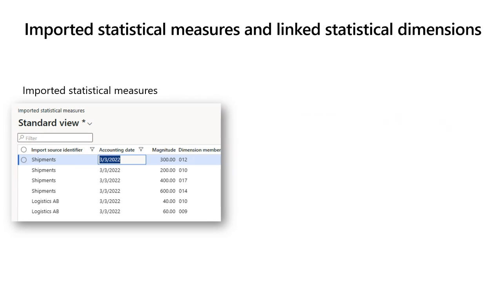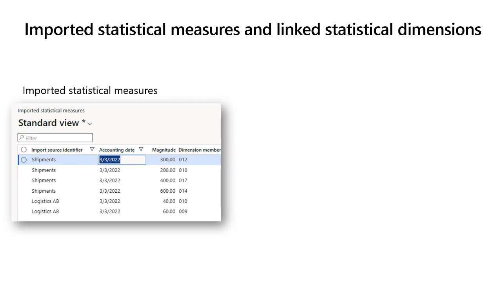And logistics allocation base talks about a ratio of logistics between two cost centers, which is 40% and 60%. So department 10 would get an allocation of 40% and department 9 would get an allocation of 60% when we talk about the imported statistical measure.